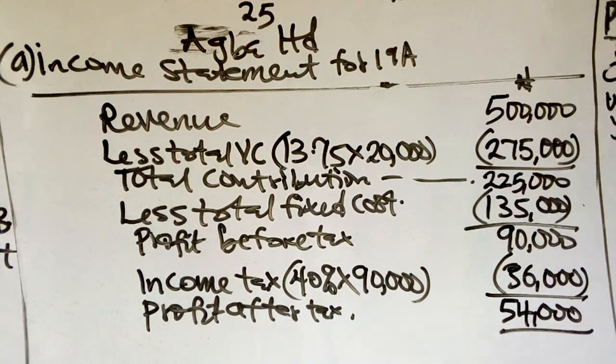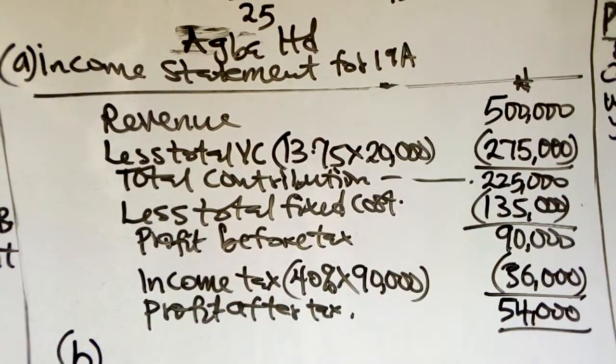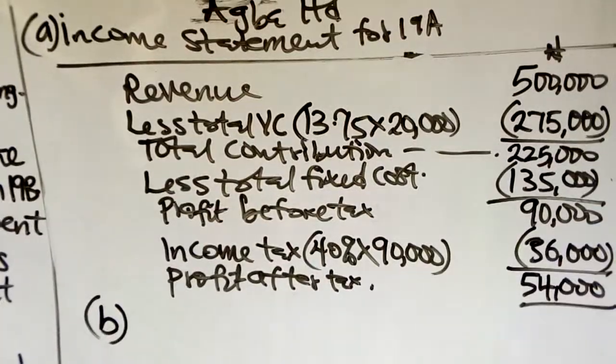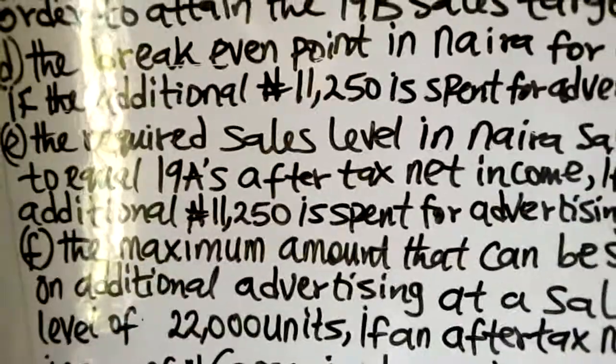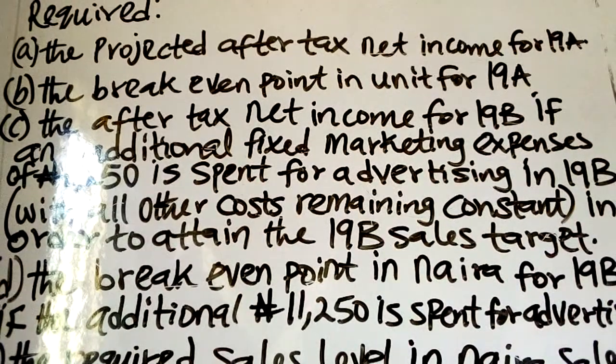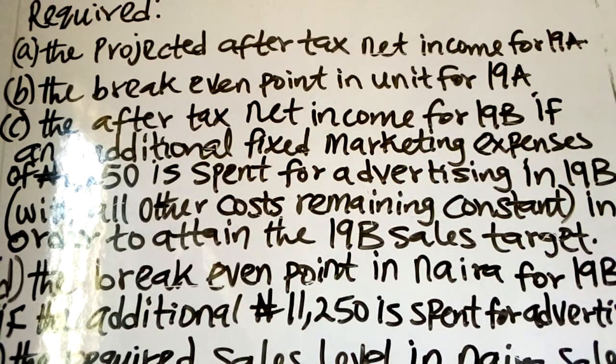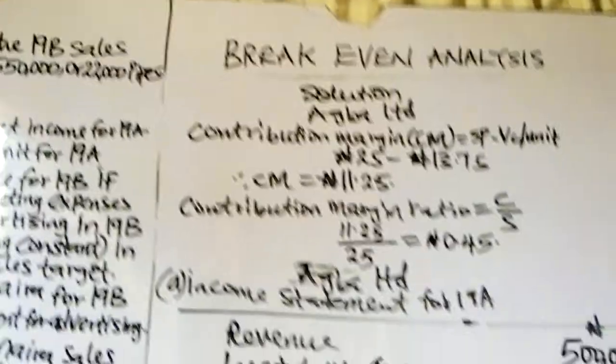Now, requirement B. Let's go back to the question. Requirement B: the break-even point in units for 19A.